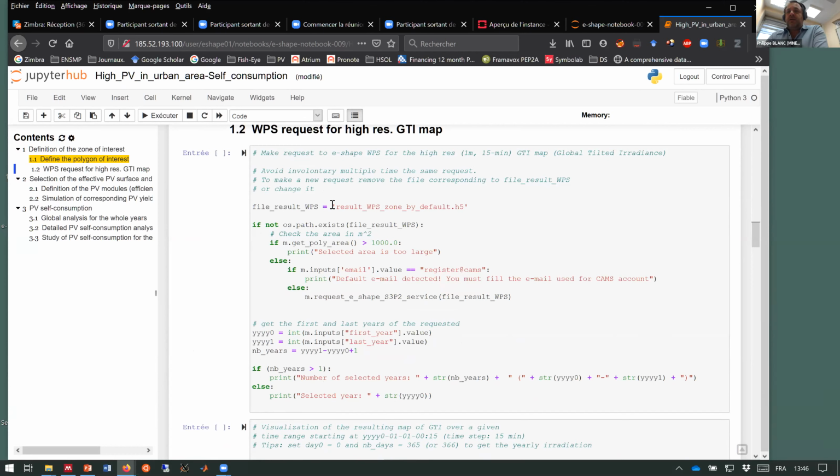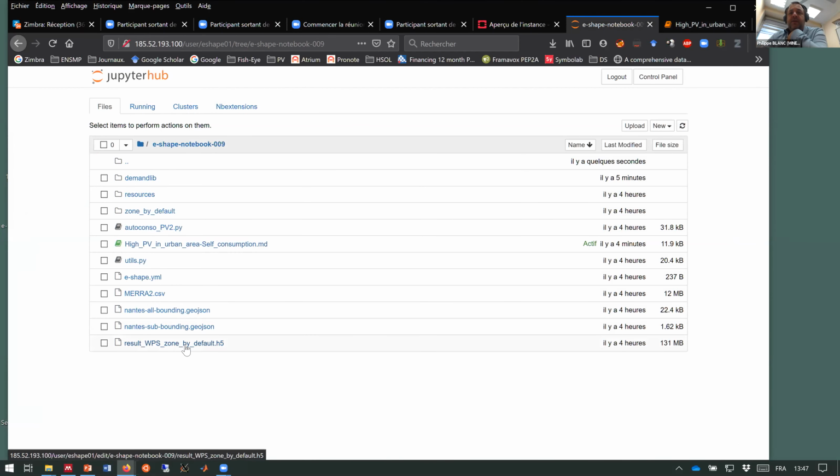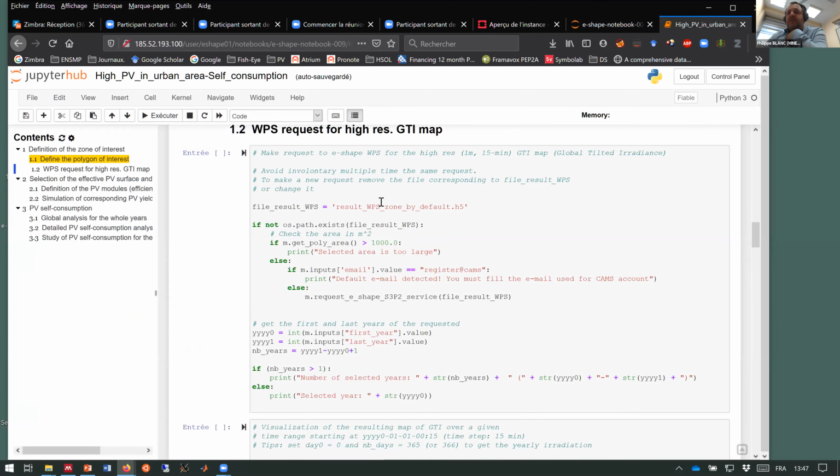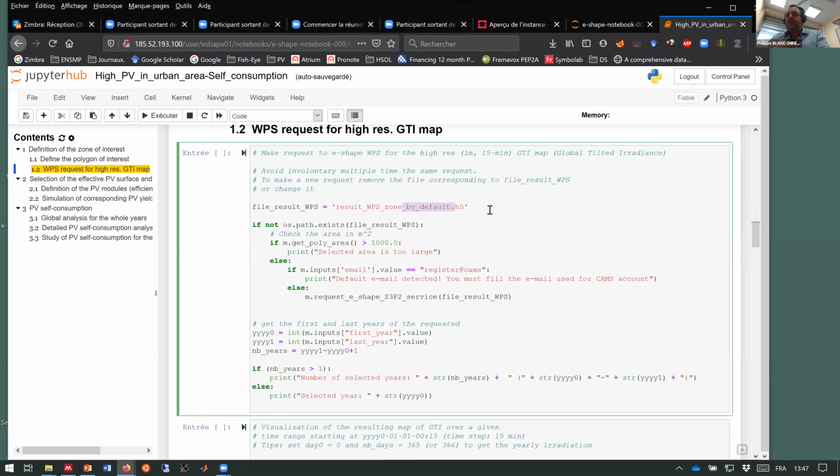Okay. And then something you should know: the result file already exists for the purpose of the demonstration. So this file is already in the folder here. Okay. So if I run this cell, since the file already exists, there is no computation. So if you want to do a new computation, you have to change the name of this file and run the cell.